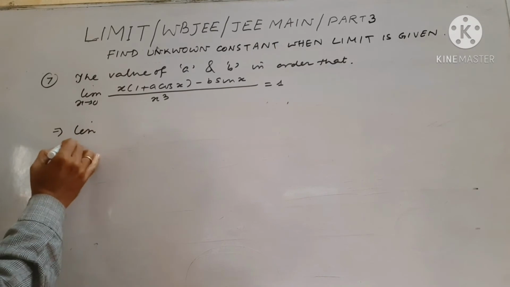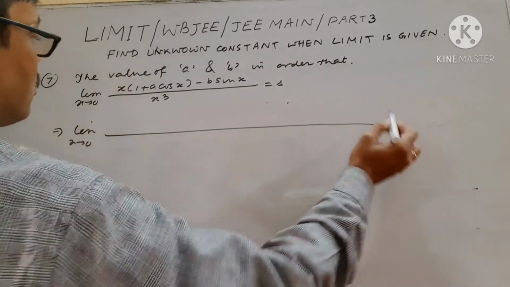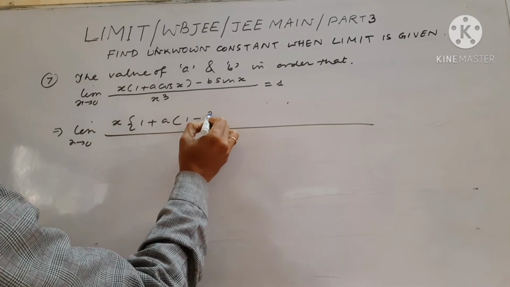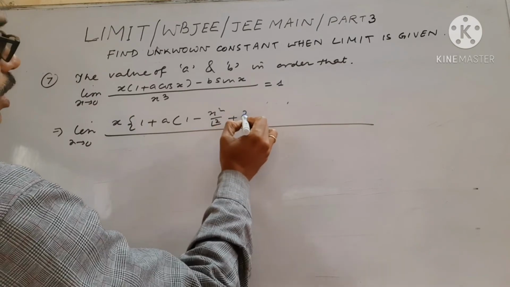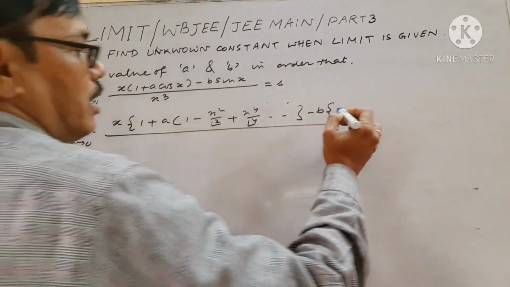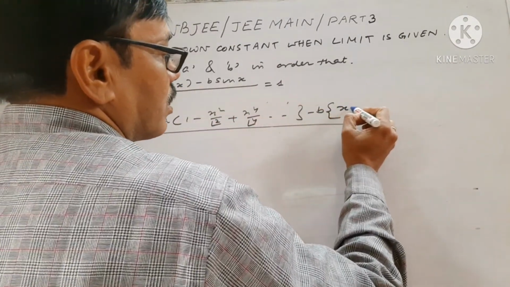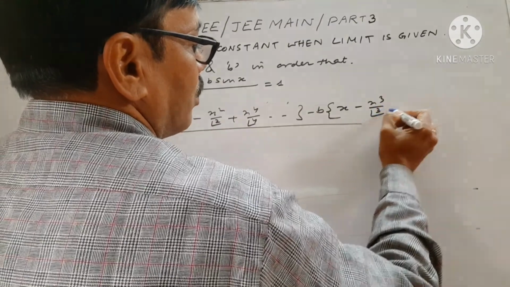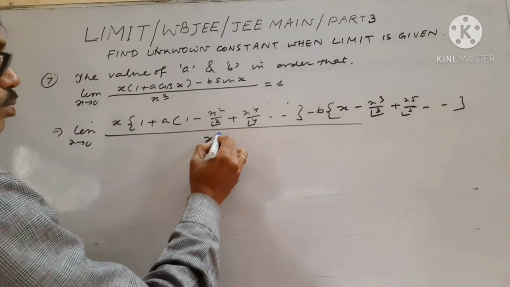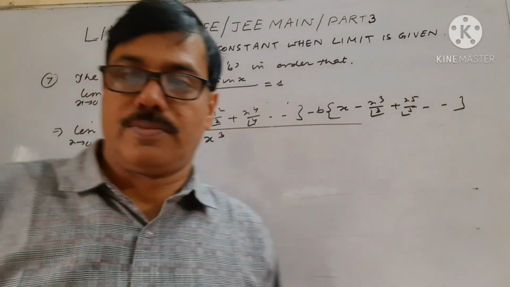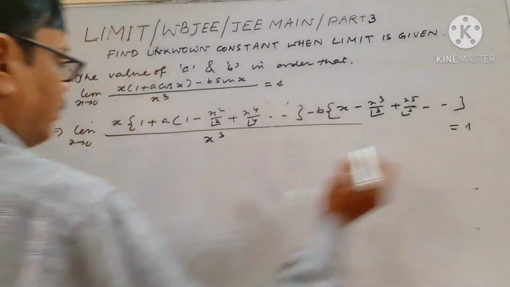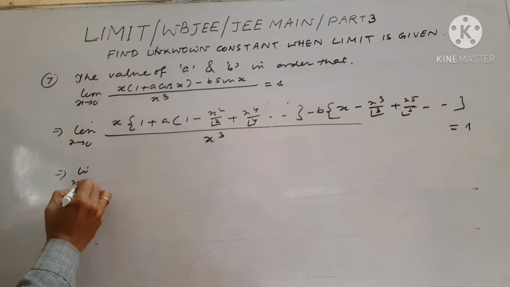So use the expansion of cos x, 1 minus x square by factorial 2 plus x to the power 4 by factorial 4, and sin x, x minus x cube by factorial 3 plus x to the power 5 by factorial 5. Now this equals 1, limit x tends to 0.